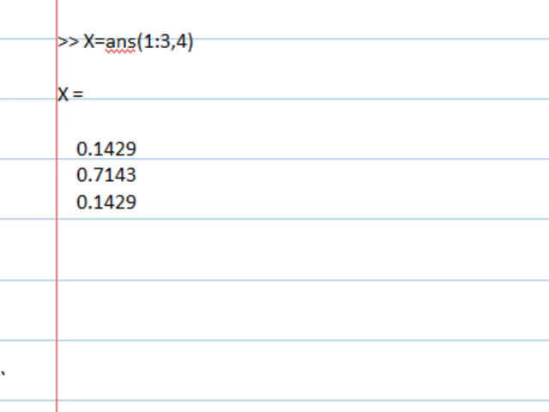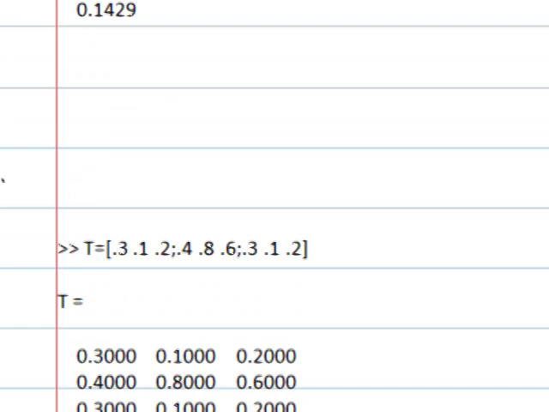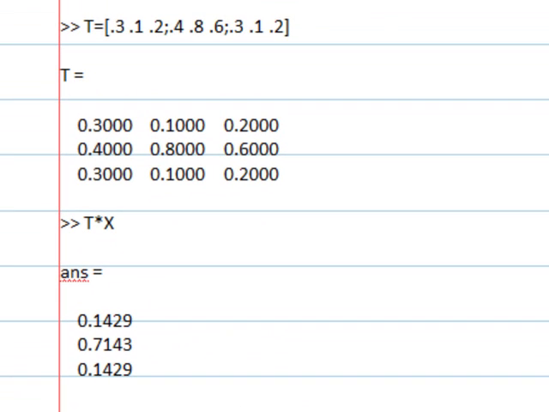To check it, I'm going to type in the matrix T, the matrix that I started with, and then I will multiply T times x and show that I get the exact same distribution back again. Once that happens, it will happen for the rest of the chain. So here I have the stable distribution for my matrix T.